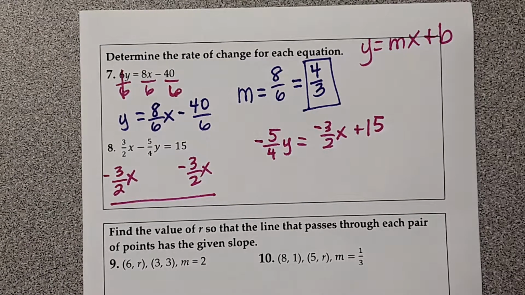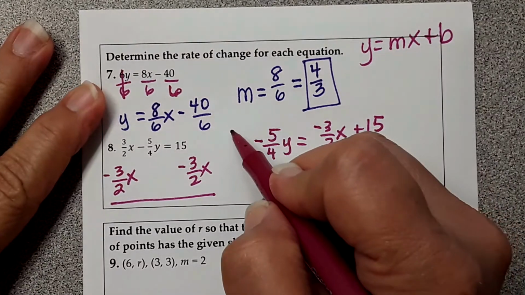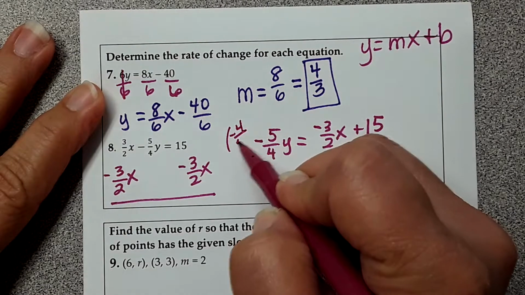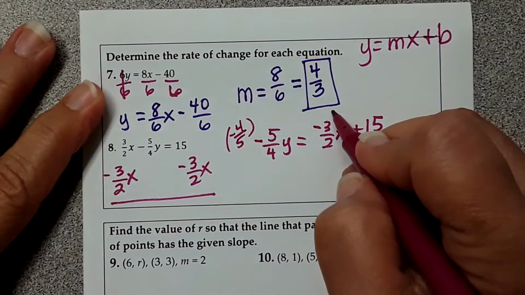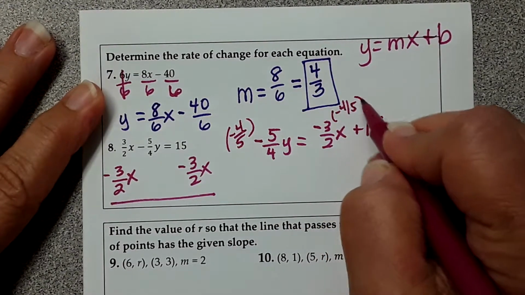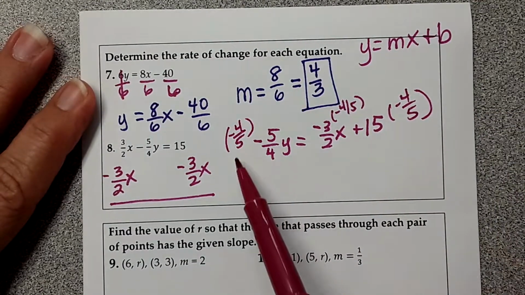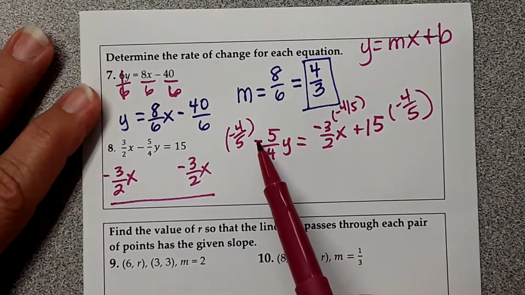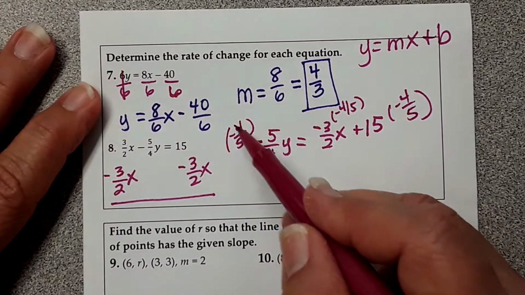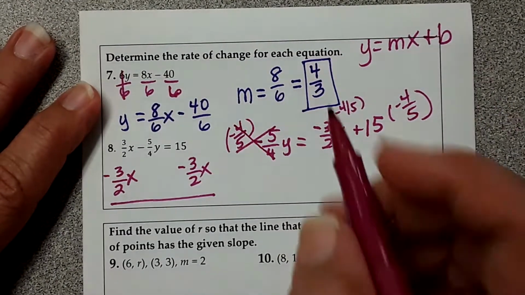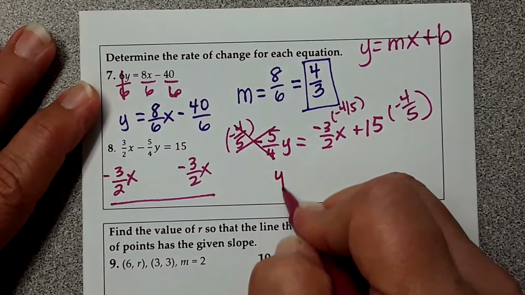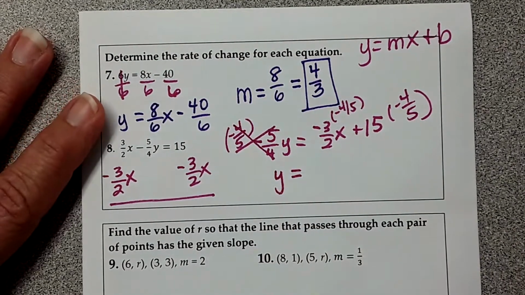What am I going to multiply everything by? 4 over 5. And you guys, it's negative 4 over 5 because this was negative. So when we multiply by the reciprocals, they're the inverses, so we'll just end up with y because we'll end up with 1.